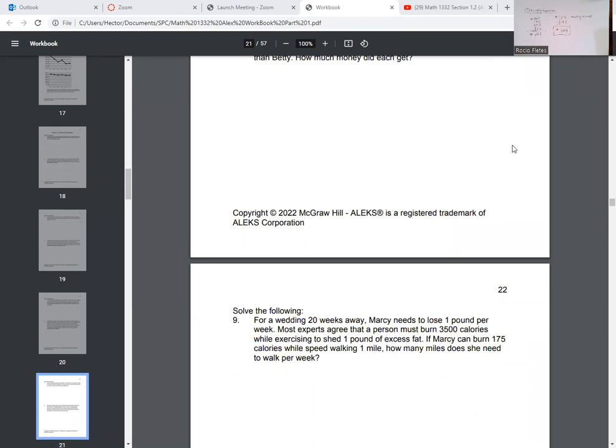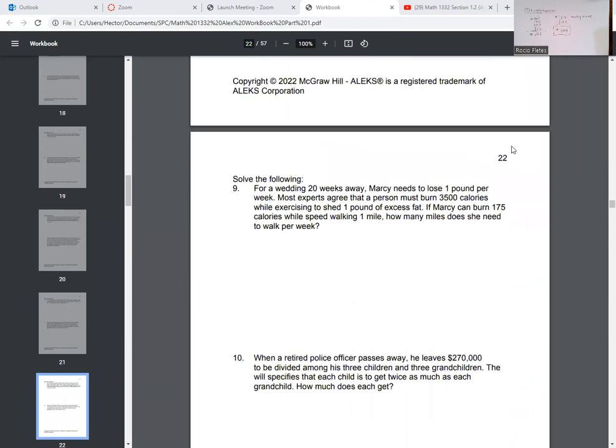Let's take a look at number 9 here. And then we'll also do 10. So notice I'm picking problems that have to do with money a lot, because I believe those are the problems that you're likely to run into in life, right? More so than the other problems.